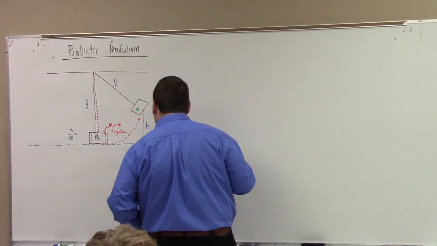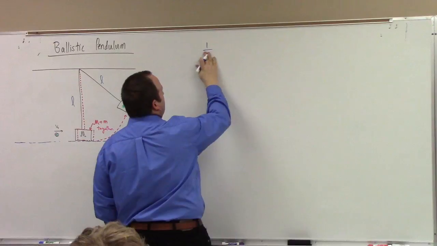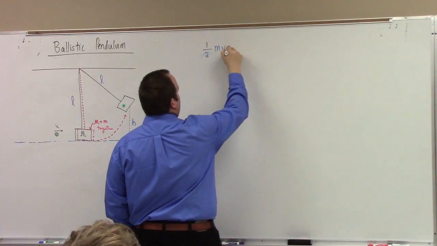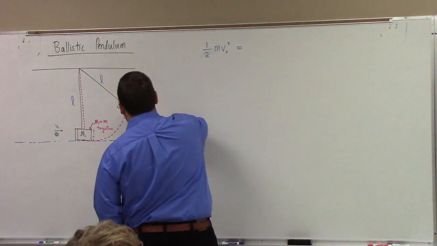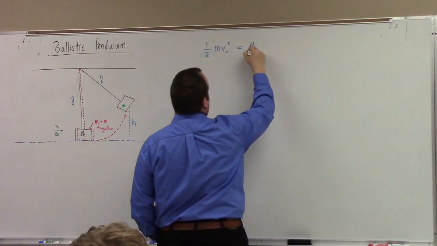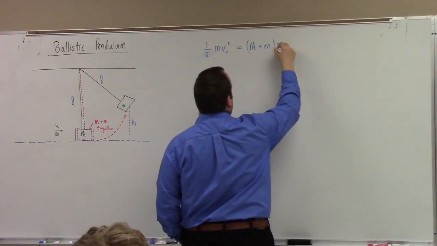I said, okay, I got this. 1/2 m v naught squared, that's the initial kinetic energy. And then what's the final potential energy? It's big M plus little m times g h.